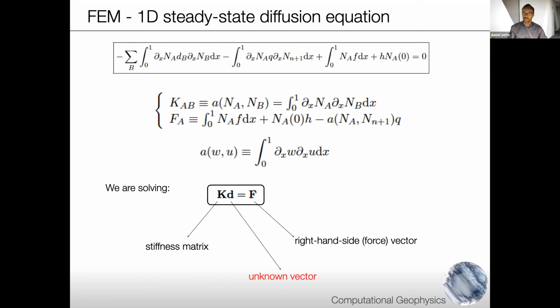What it comes to is basically having this global stiffness matrix, the K_AB, and the force vector F_A. And then we can put this into this matrix form, K times d, where d is the vector with the degrees of freedom, which are unknown, is equal to the force. And then you can solve this for d by inverting K and bringing it over to the other side.